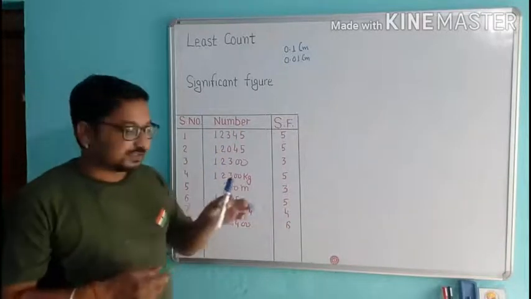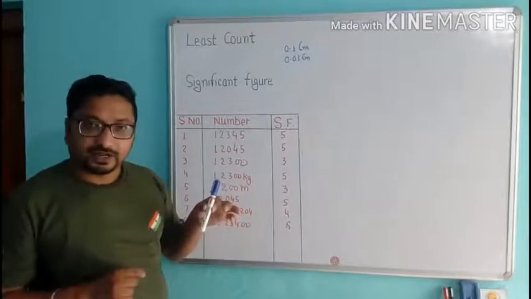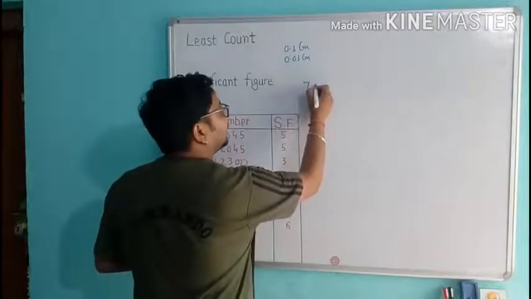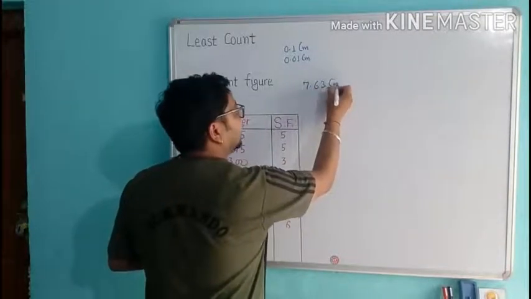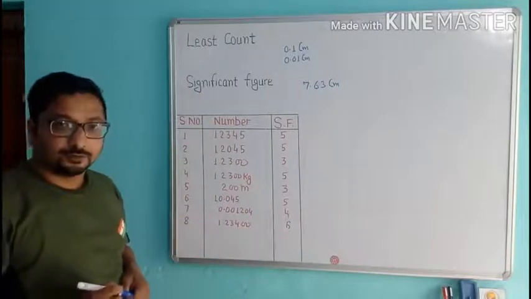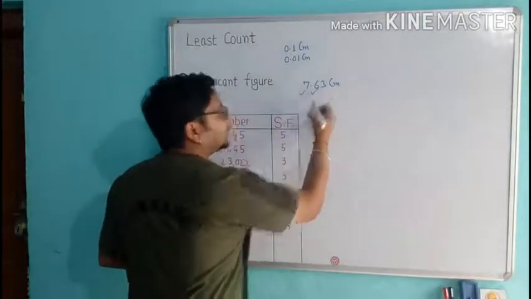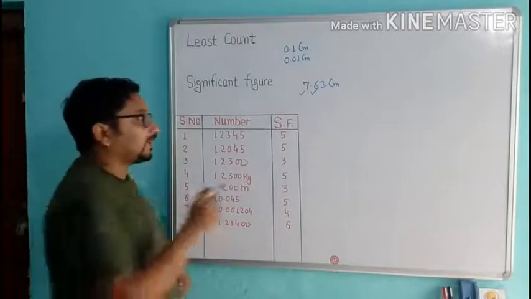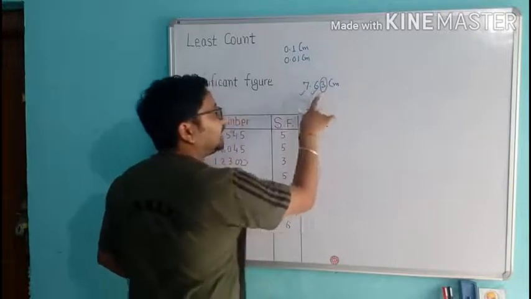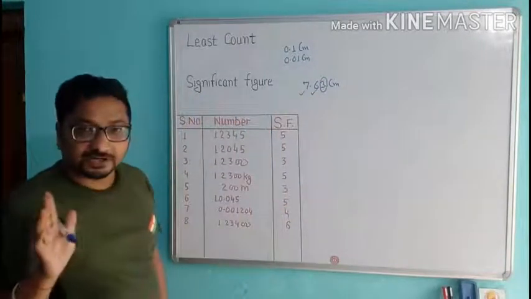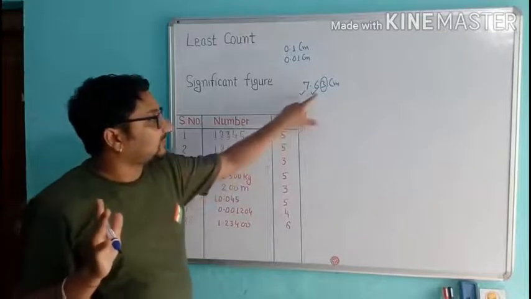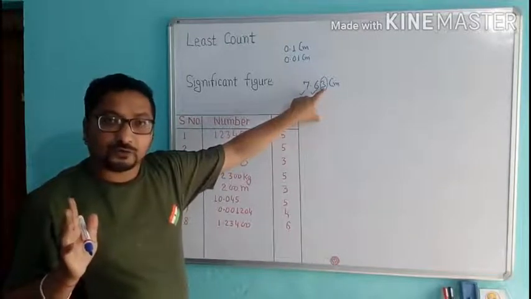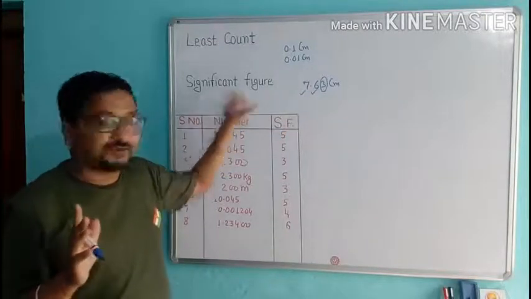If I want to measure the length of this marker, and I find the length of this marker is 7.63 centimeter, then 7 and 6 are reliable, certain numbers, but the last number 3 is an uncertain, doubtful number. Okay, so the combination of reliable numbers plus the uncertain, doubtful number is called significant figures.